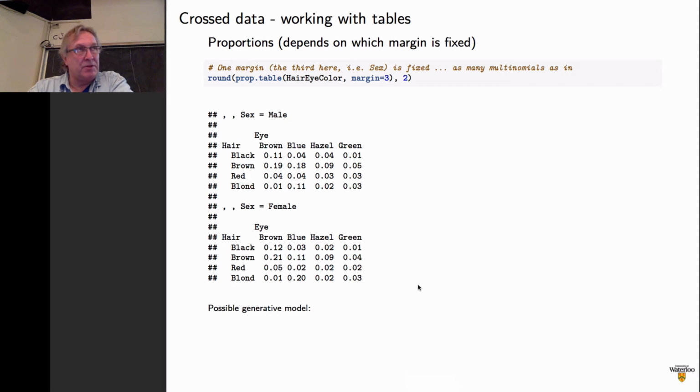What would be a possible generative model for this, if the data were generated like this, with fixed numbers of males, fixed numbers of females? Any suggestions? Okay, what would be a reasonable model for just one of these tables?